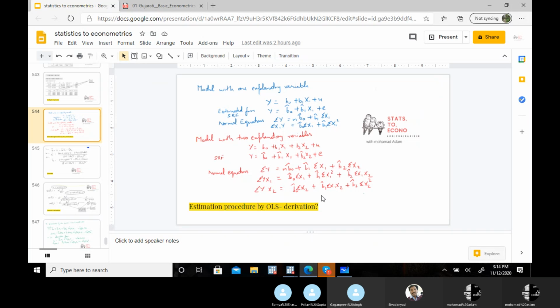These equations will come if you differentiate this summation u hat square with respect to beta 1, beta 2, and beta 0, your intercept coefficient. If you want, I can give you this example in brief so that you can understand this process once again.